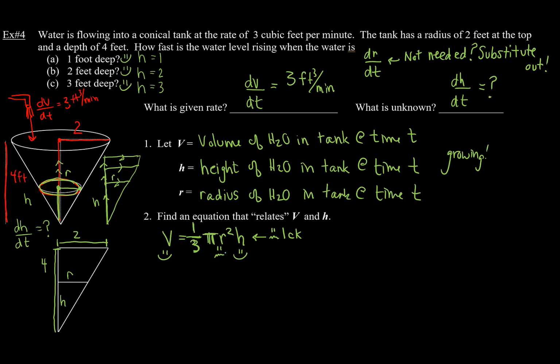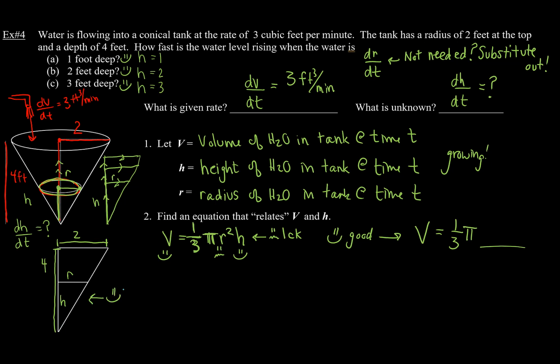So what I'm going to do is look at the triangle. What would be good would be if I get a formula for the volume that is just in height only. So let's work on that. Let's take a look at this guy right here.